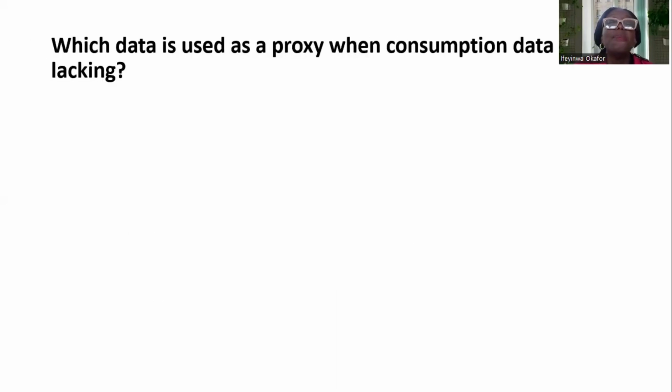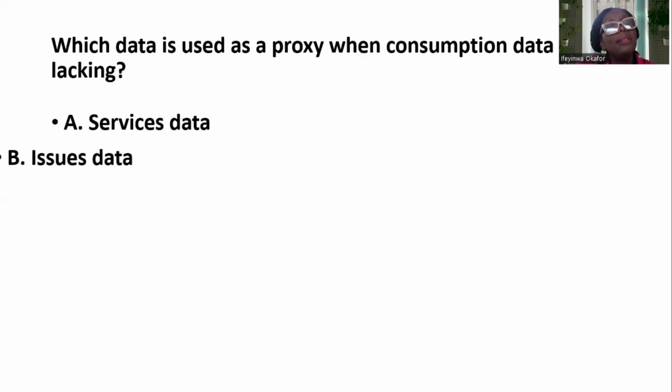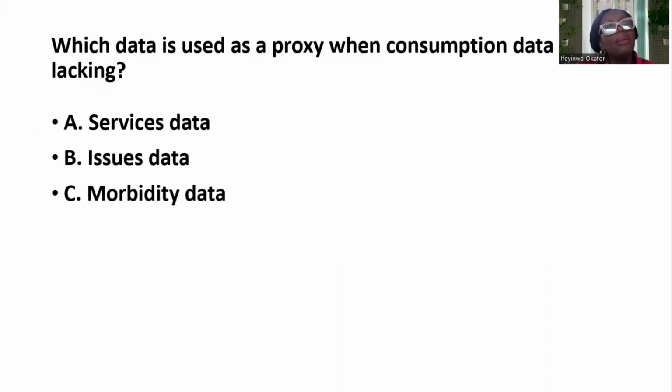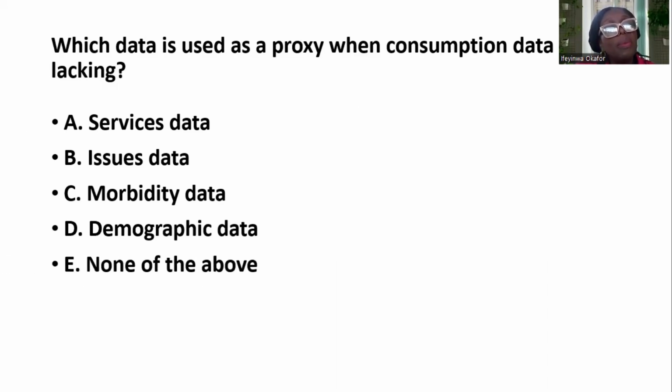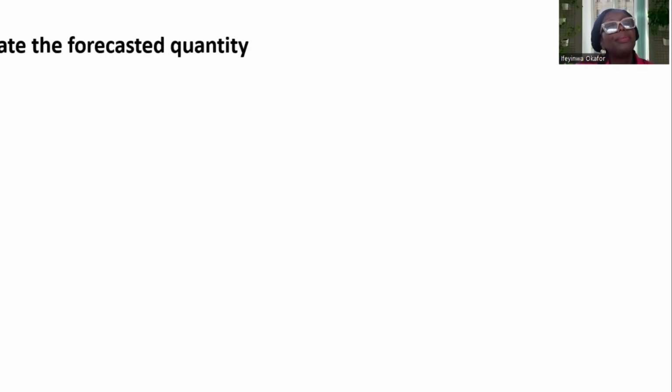Which data is used as a proxy when consumption data is lacking? Service data, issue data, mobility data, demographic data, none of the above, and the answer is B, issues data. What is the formula to calculate the forecasted quantity using the consumption data?